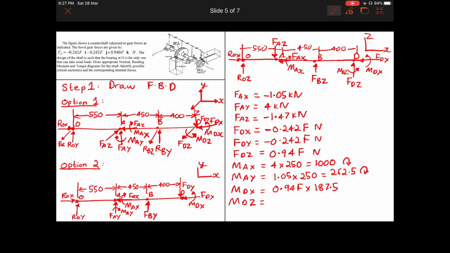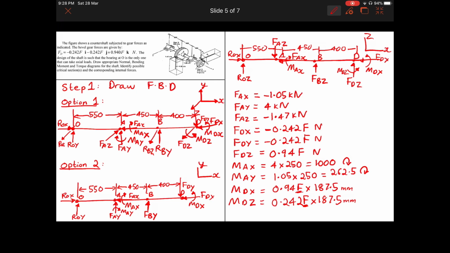Okay, so 187.5, and this should be 0.242 F times the same. So again, we don't know what F is at the moment. So we'll just leave it as F, and these distances are all in millimeters.